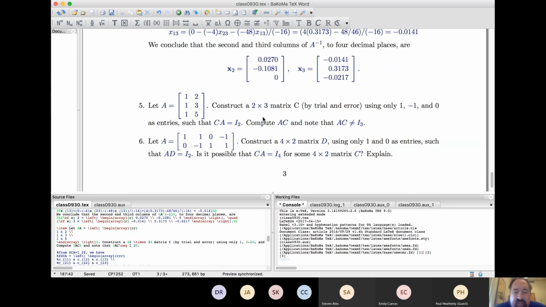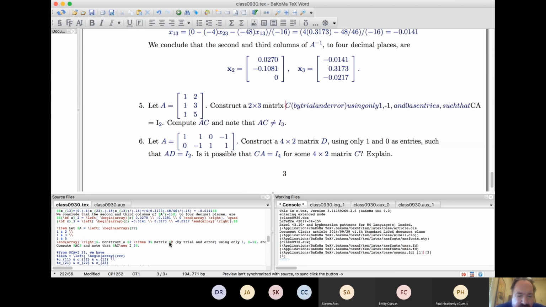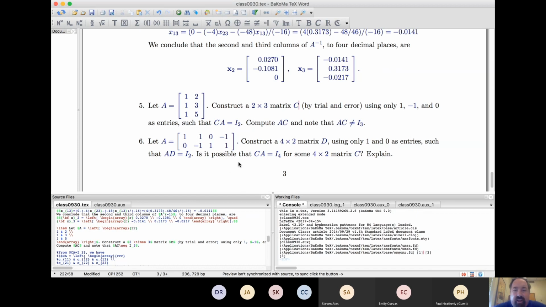Okay. Now, this problem calls for what is known as a one-sided inverse. The matrix A here is not even square, so it doesn't have an inverse in the sense that I defined it earlier. So it's not possible to find a matrix that you can multiply on either side of A and get the identity.